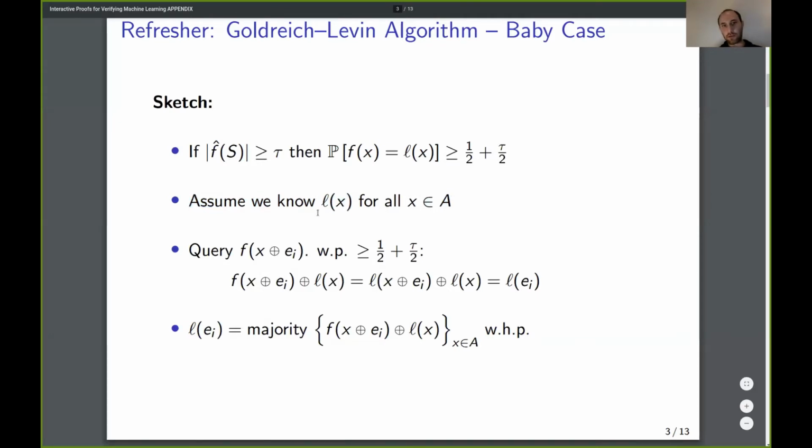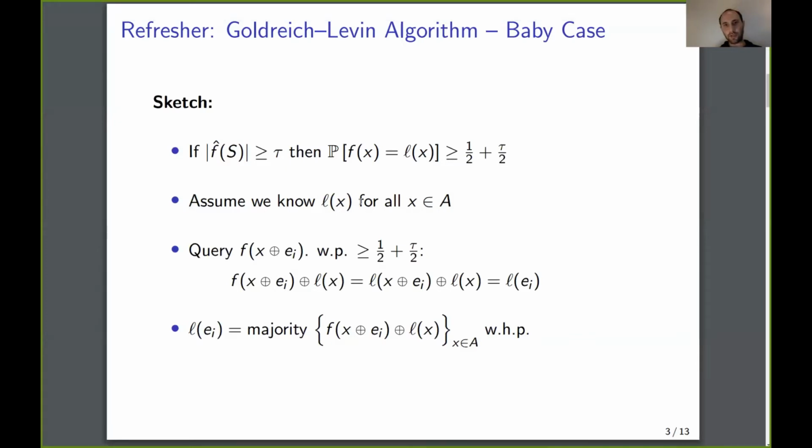The assumption is that there's some set A, which we will define later, where the algorithm already knows what the value of L of x is for all the x's in that A, some subset of the domain where we already know L. And using this assumption, which is not a realistic assumption, the baby version of the Goldreich-Levin algorithm works the following way.